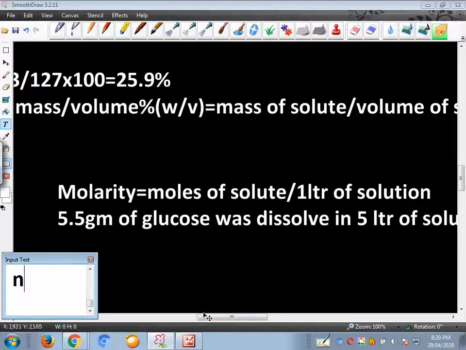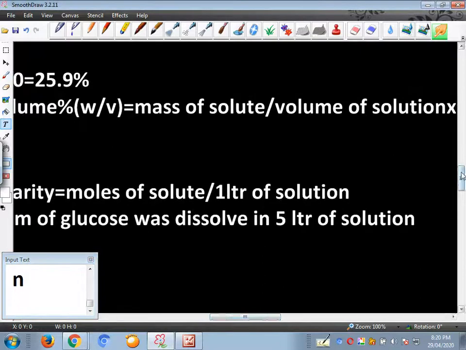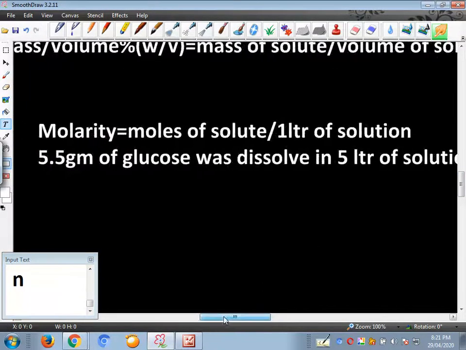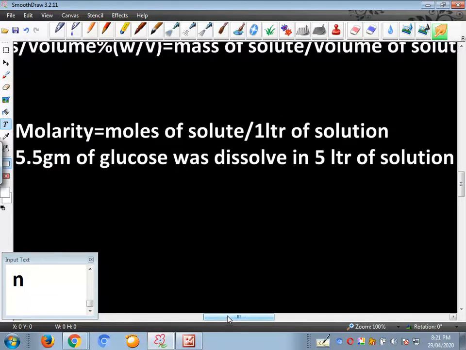So I repeat once again the question. 5.5 gram of glucose was dissolved in 5 liter of solution. So what is its molarity?